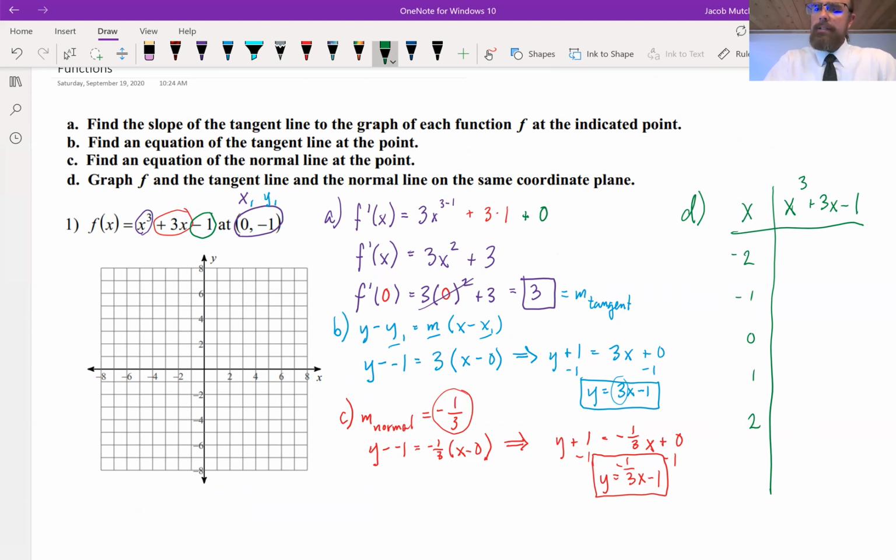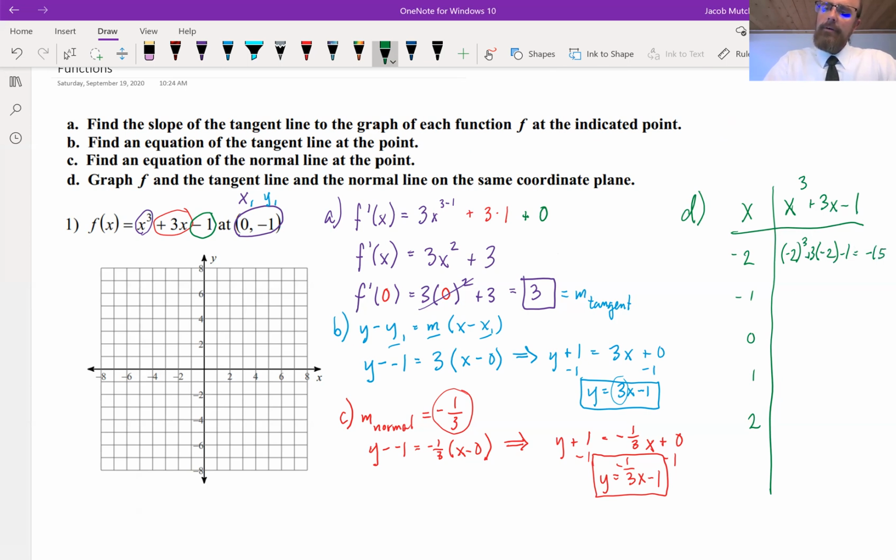So I need to calculate at -2. That's -2 cubed plus 3 times -2 minus 1. -2 cubed is -8. 3 times -2 is -6. So -8 minus 6 is -14, minus 1, -15.